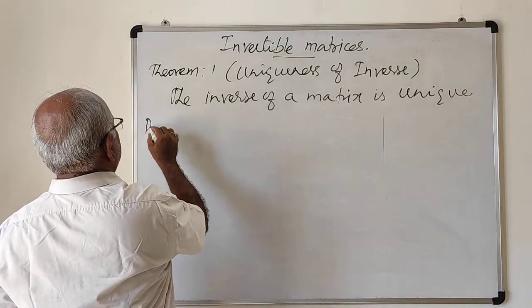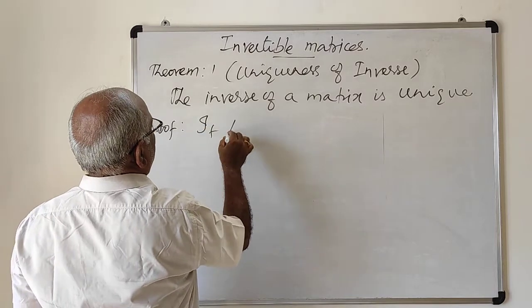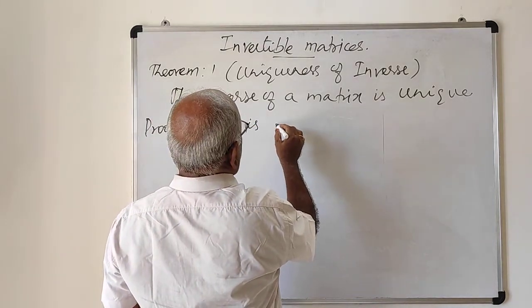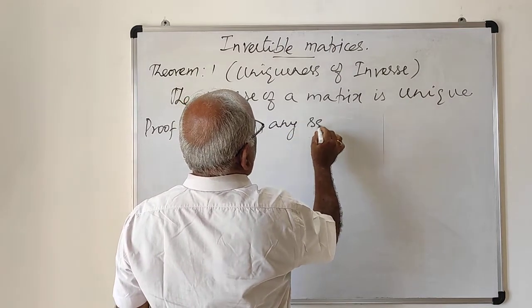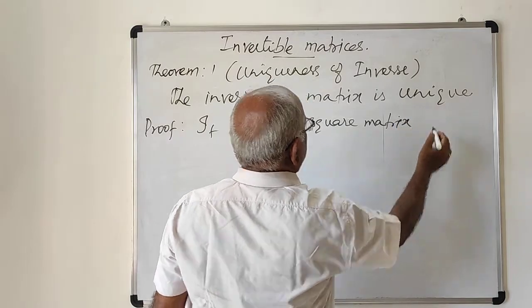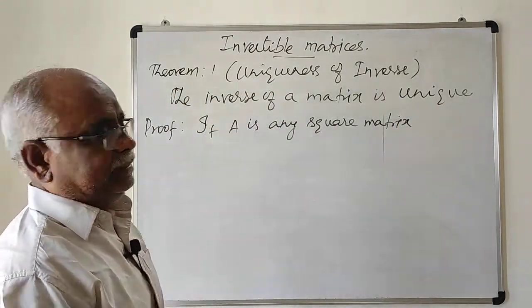Proof: if A is any square matrix, suppose B and C are two inverses of matrix A of the same order.